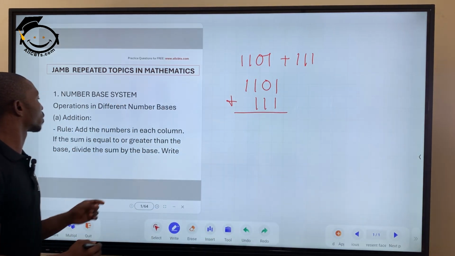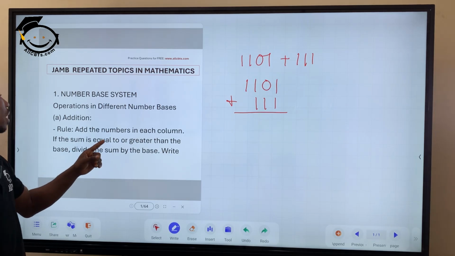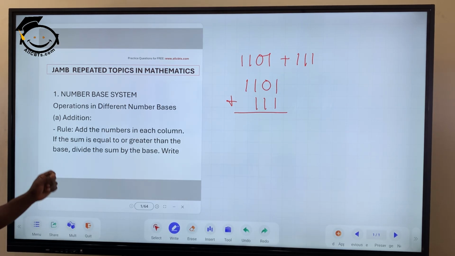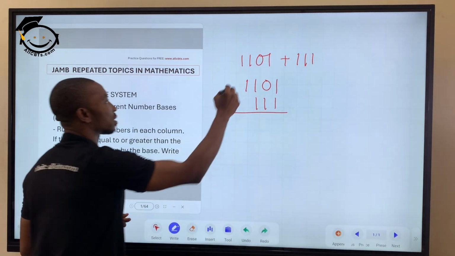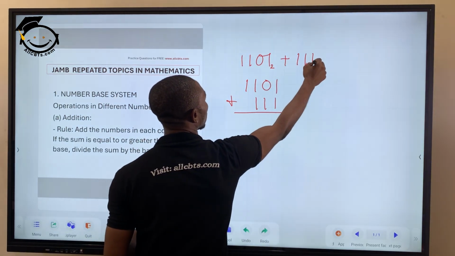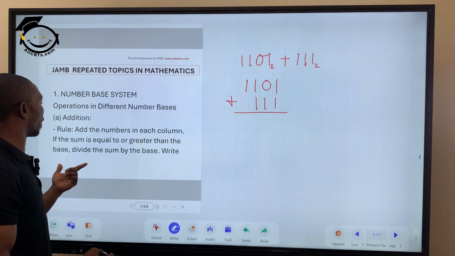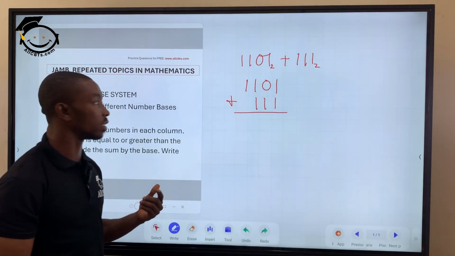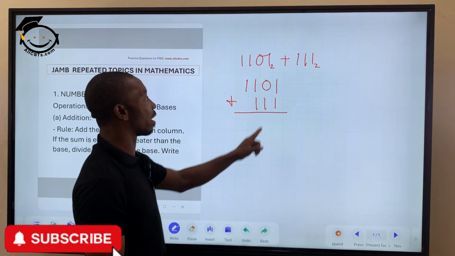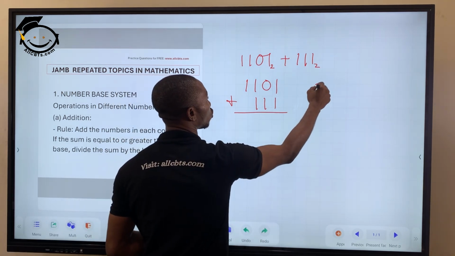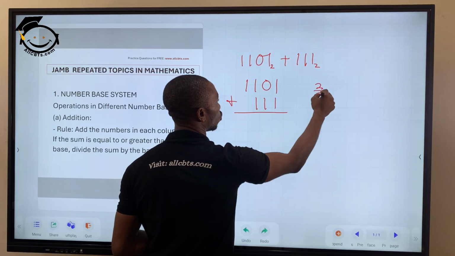Now the first rule says add the numbers in each column. If the sum is equal to or greater than the base, remember this is for base 2, then we divide the sum by the base. So since we have 1 plus 1 equals 2, we do 2 divided by 2.